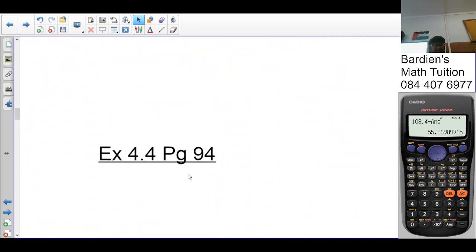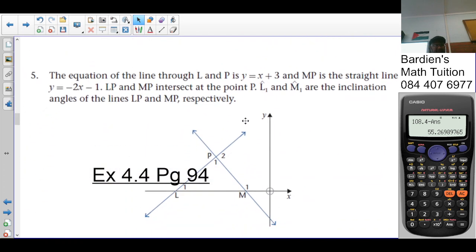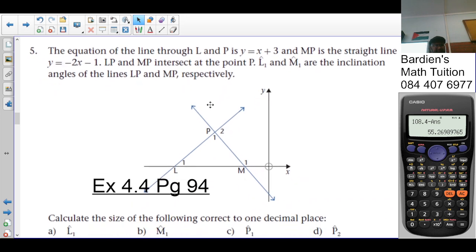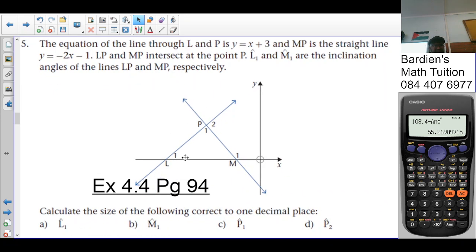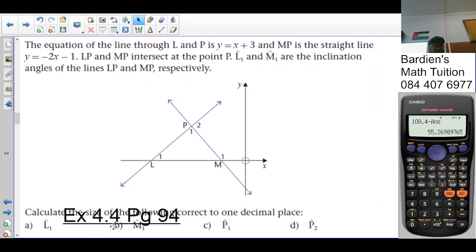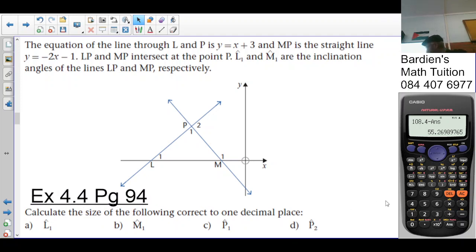Yes? Number 5. Look at number 5 quickly. We are told that the line through L and P is y is equal to x plus 3.